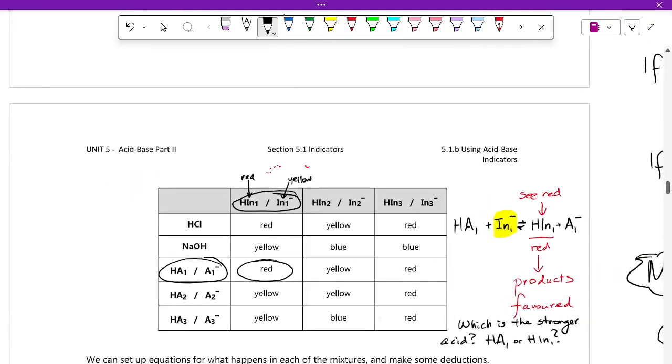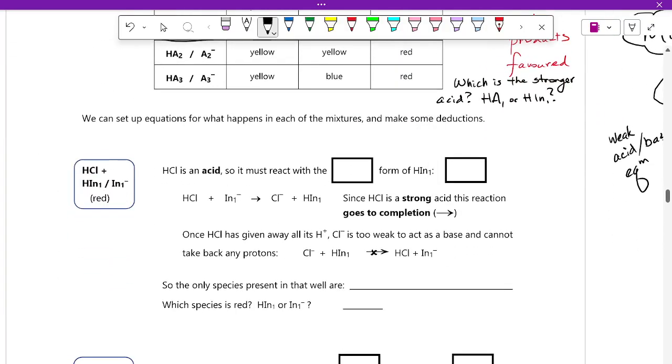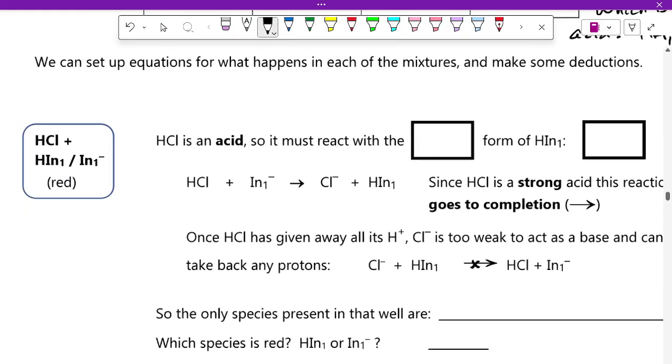Another way to look at that is to say we have some HCl, and we have HIn and In minus.